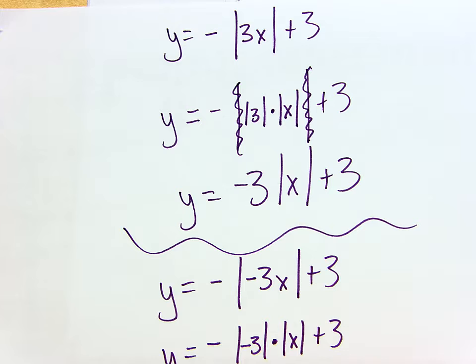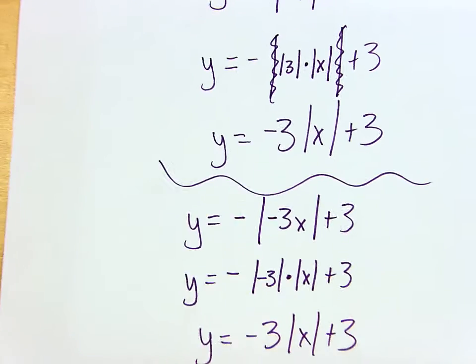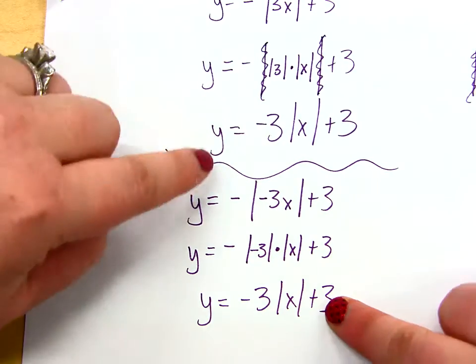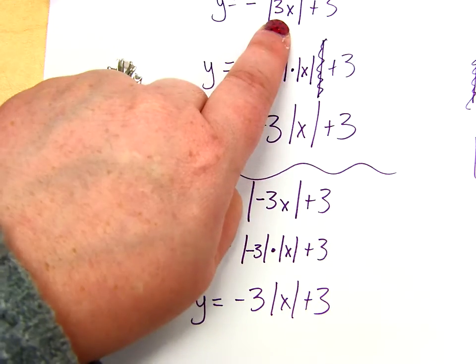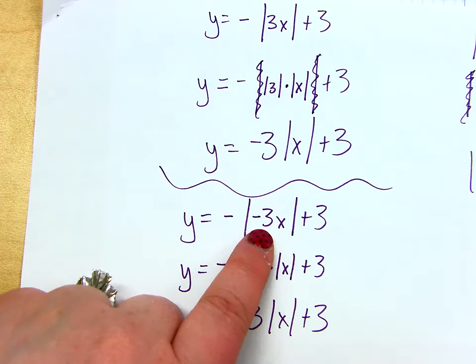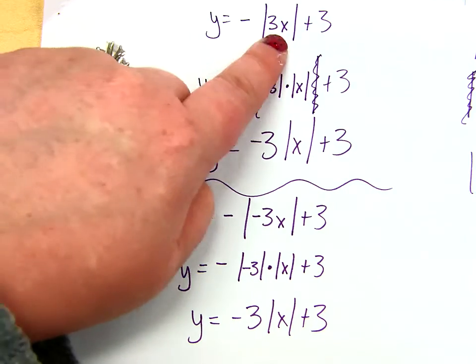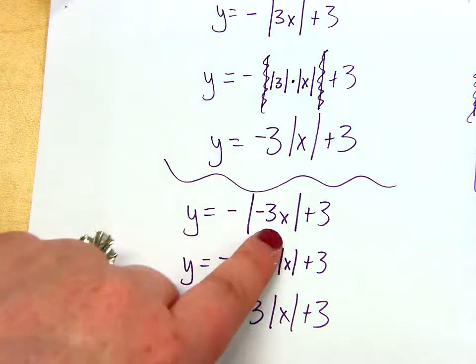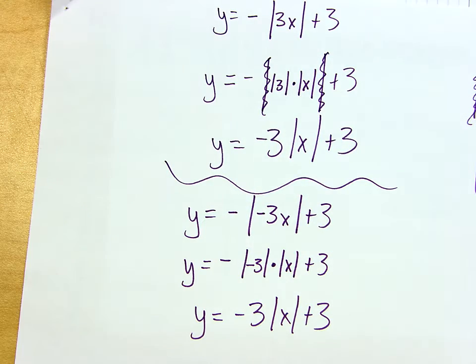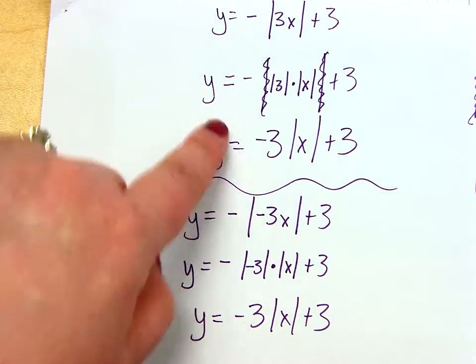So I still get this. See how they're the same, even though that 3 was a positive and this 3 is a negative, it doesn't matter, because I'm taking its absolute value. Isn't the absolute value of 3 and negative 3 the same thing? So that's why it makes sense, even though they were positive and negative, once I pull out that 3, they're going to match.